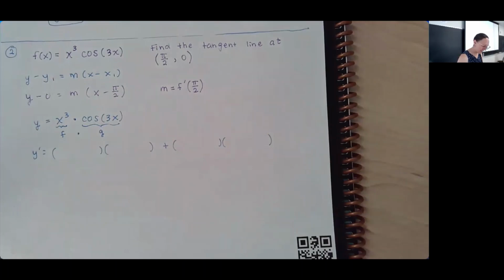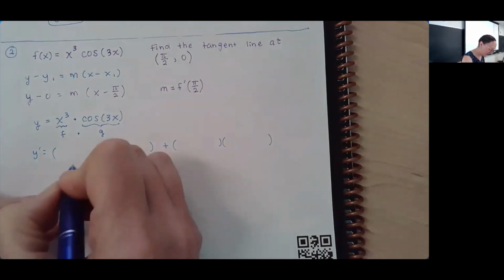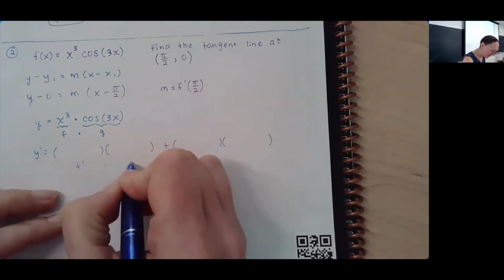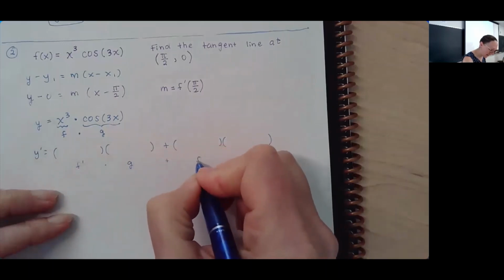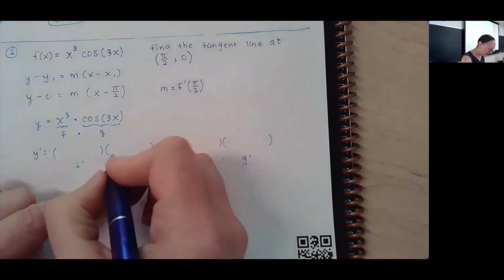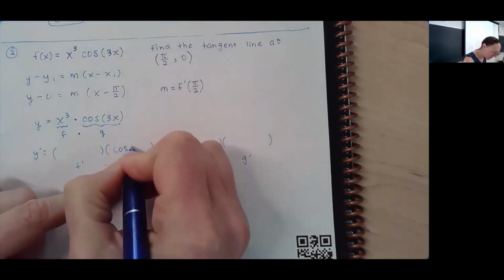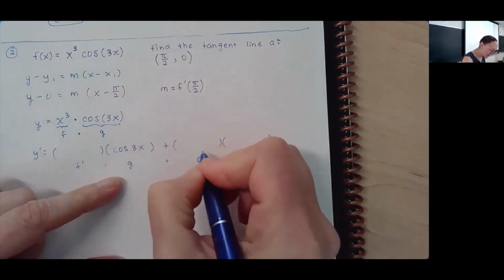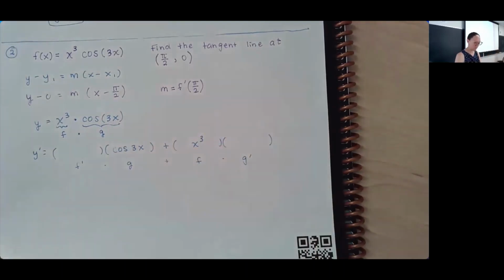And in those parentheses, I've got to put all of the pieces. So I'm going to need an f prime times g and an f times g prime. I'm going to go ahead and put the pieces that I don't have to take derivatives of yet. So I'm just going to stick in my cosine of 3x and I'm going to stick in my x cubed.